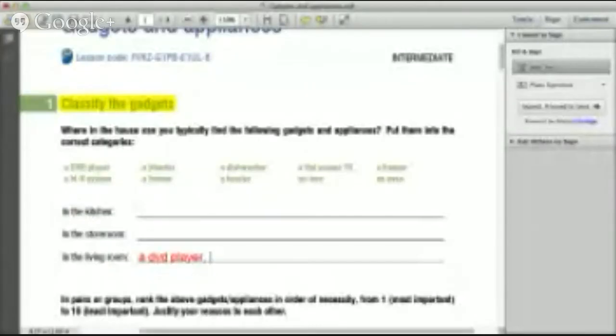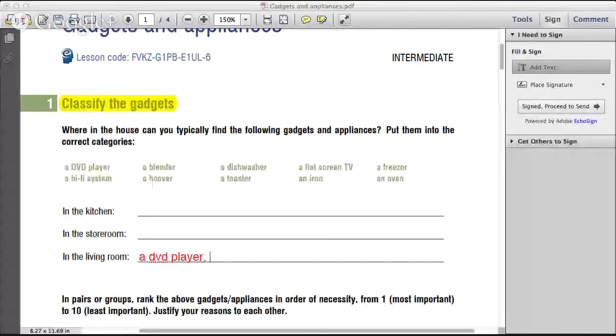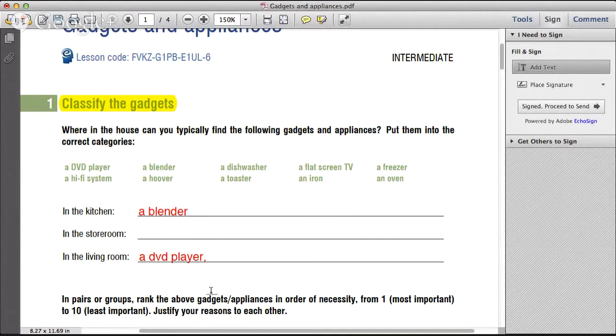Let's go to the next one here. Giuseppe: a blender, in the kitchen. Definitely in the kitchen. And what does a blender do? You combine many liquids together. Exactly.